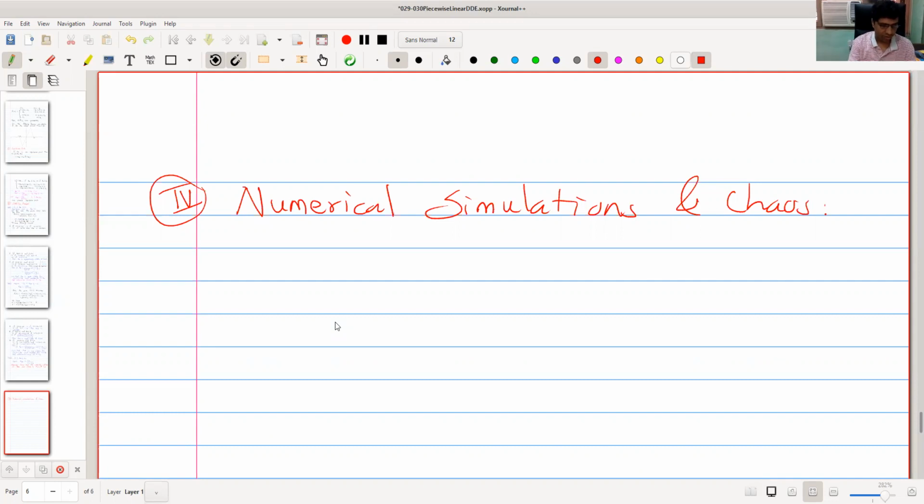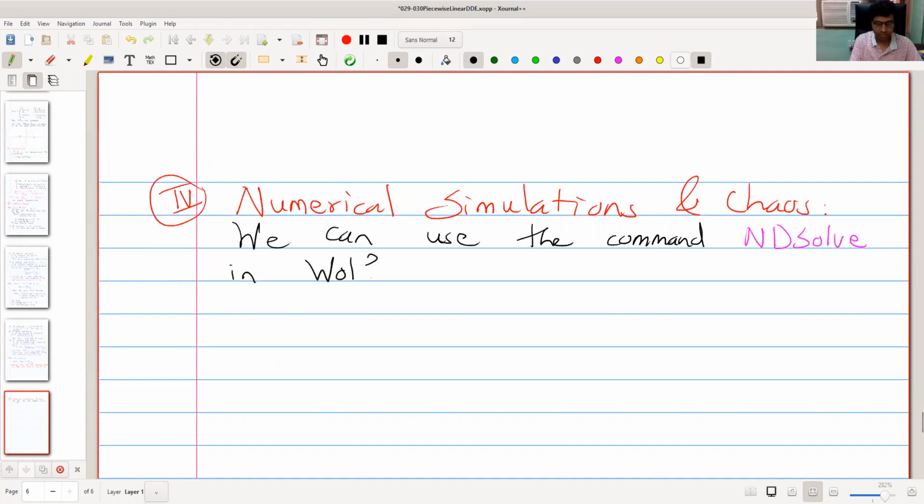So we can use the command NDSolve and verify all these stability results.